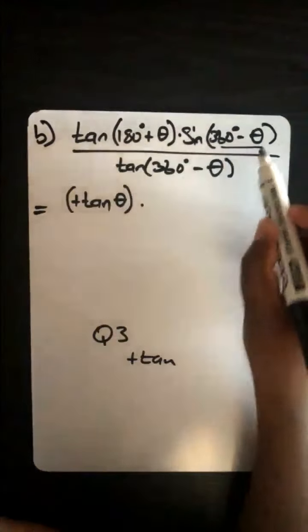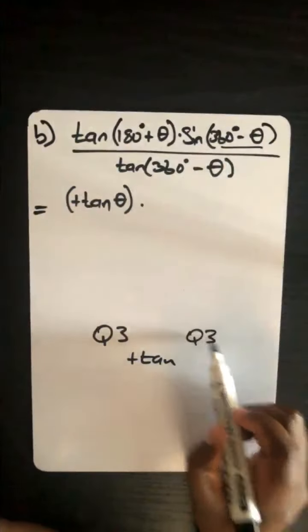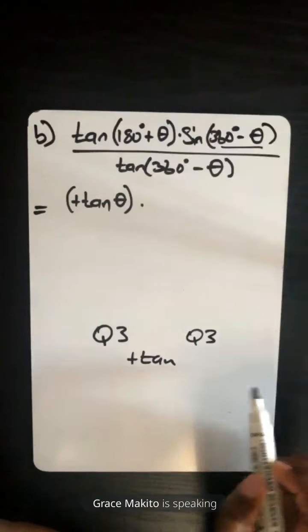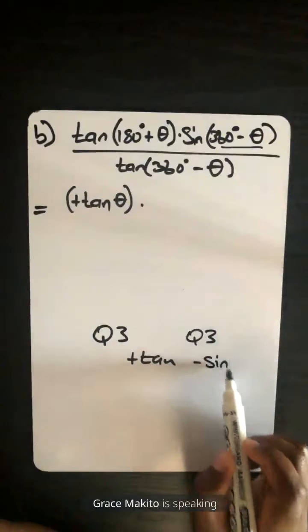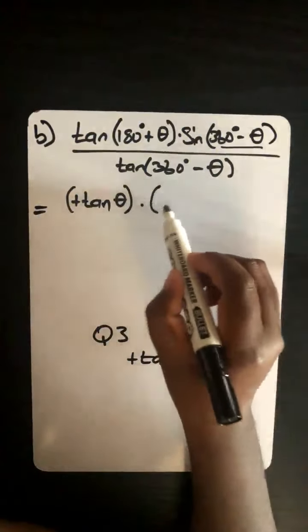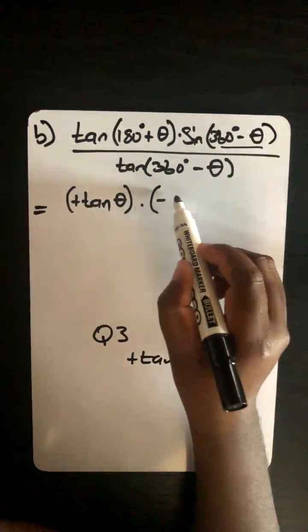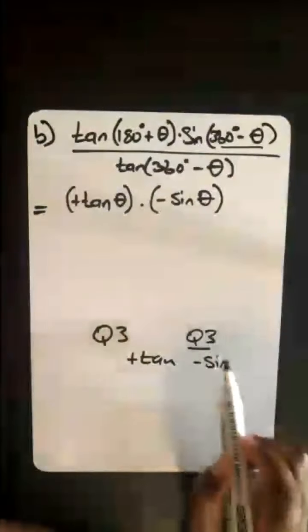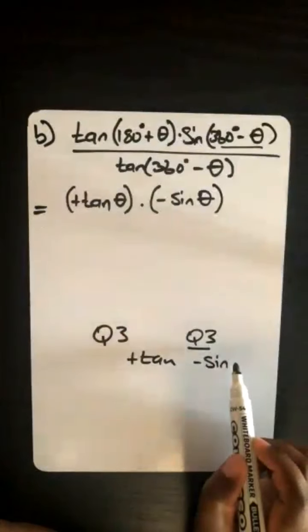That angle falls under quadrant number 3, is sine positive or negative there? I think it's negative. So write it in brackets, guys, negative sine angle. Sorry, guys, not quadrant 3, it's quadrant 4.